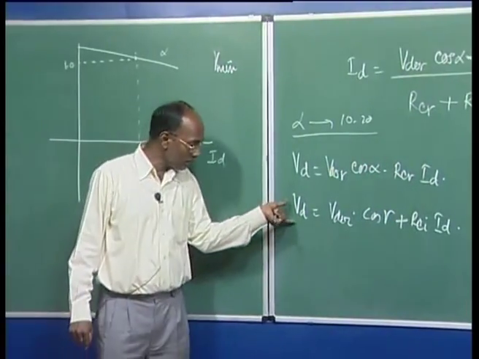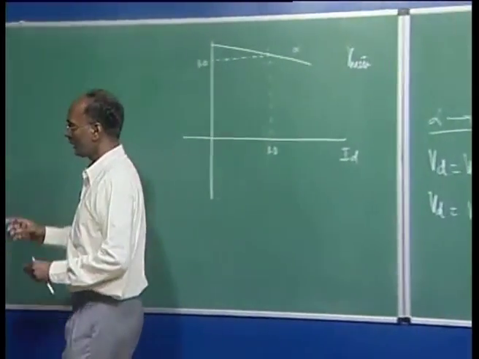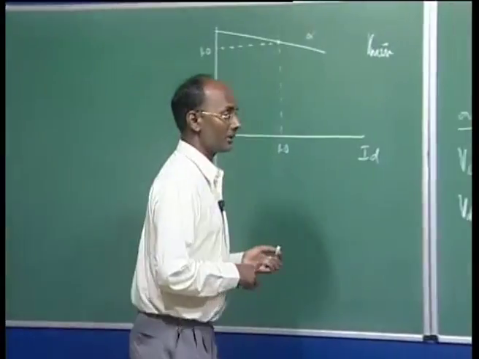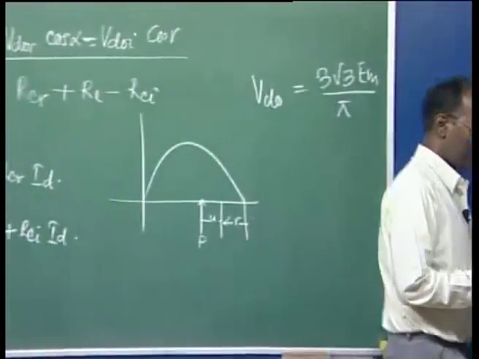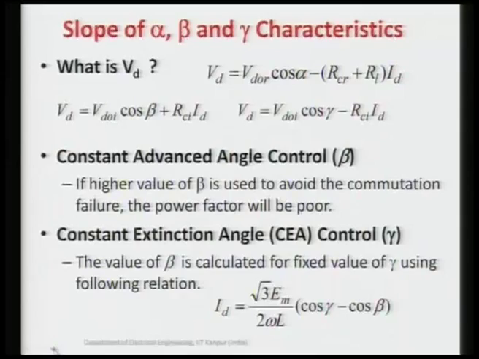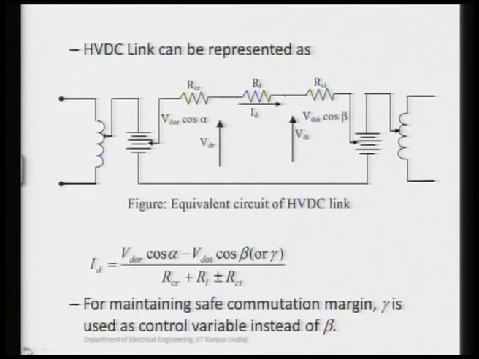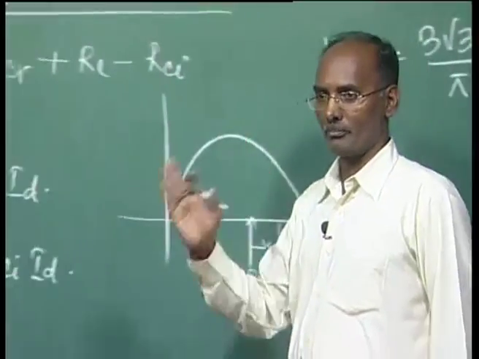So here the voltages we wrote, if you see in the previous equivalent circuit diagram, the first equation of the rectifier, we took this VD. For the inverter we wrote this VD. So if you are drawing the characteristic, the VD should be the same.